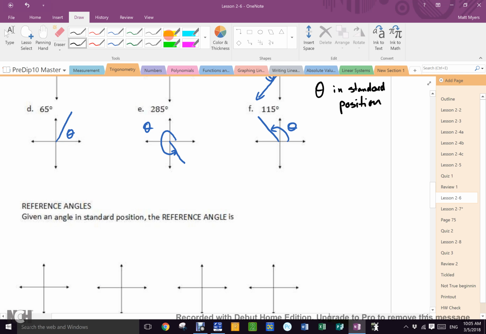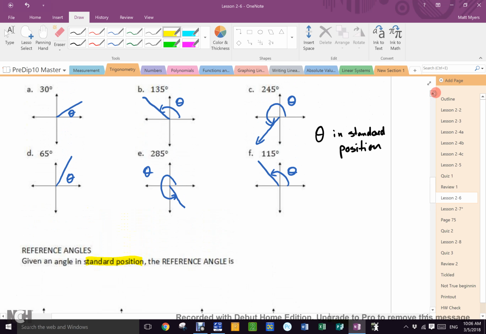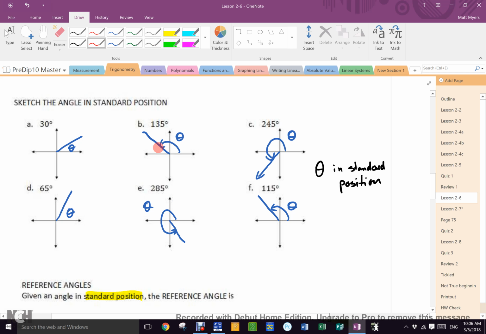Given an angle in standard position, which we know what that means, you've just drawn 6 of them, yes? What do you notice about how we would calculate this? That's 180 minus, yeah? How would you calculate this? You could do 270 minus or 180 plus, yeah?